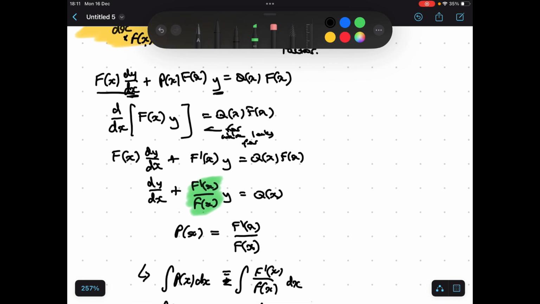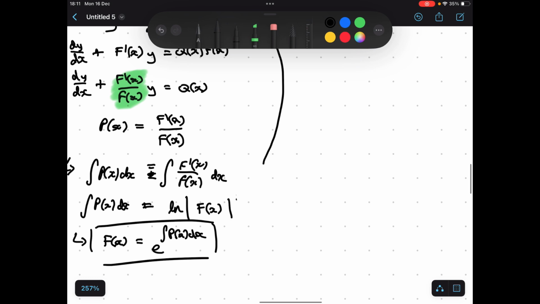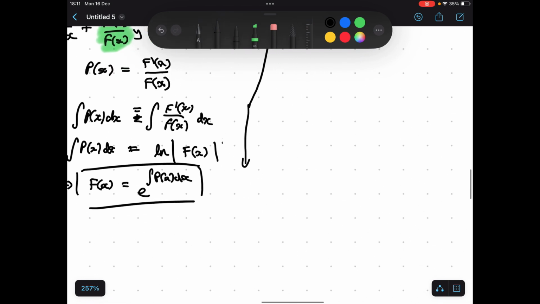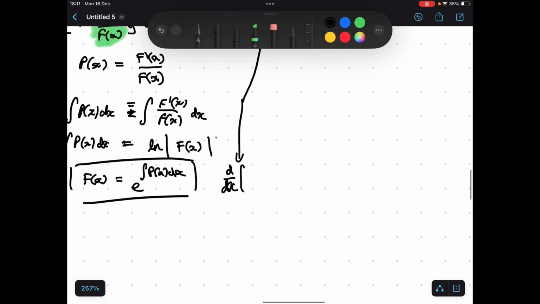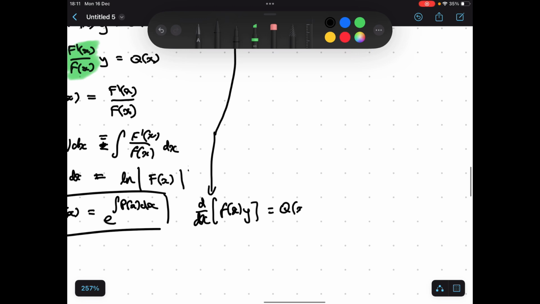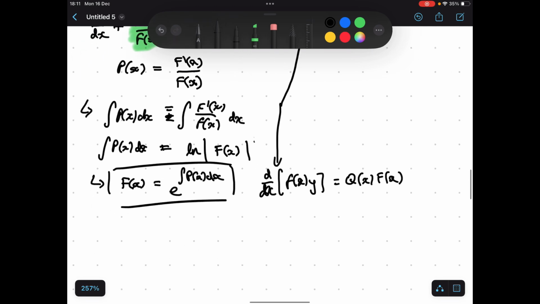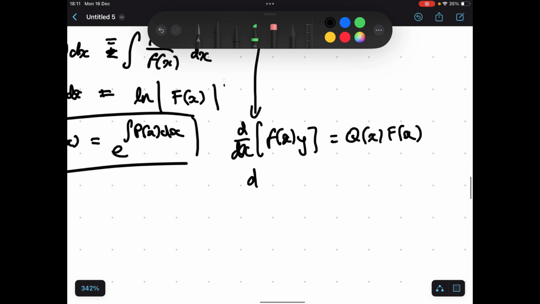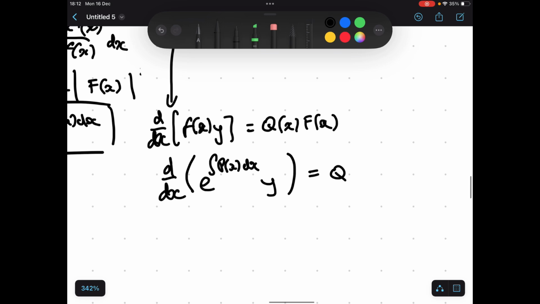Because if you go back to this line here, this is an important line, right? What we have here is we're saying that d over dx of f of x times y equals q of x times f of x. But we know that f of x is now this. So we can say that d over dx of e to the integral p of x dx times y equals q of x times e to the integral of p of x dx.